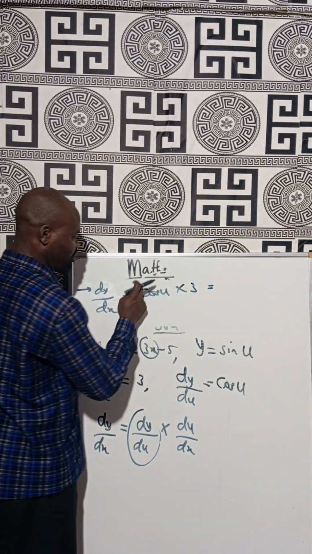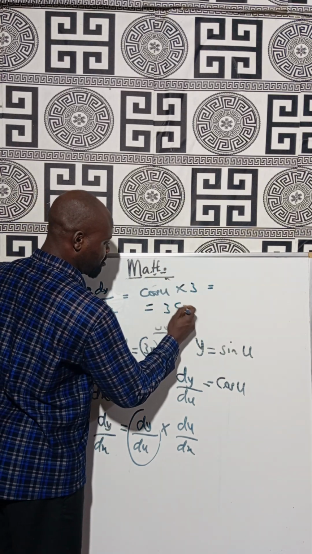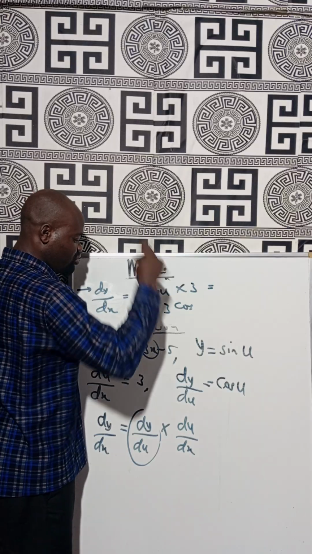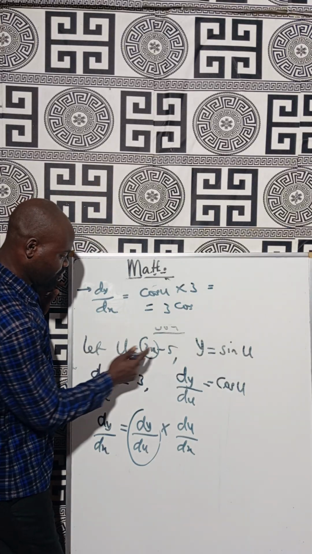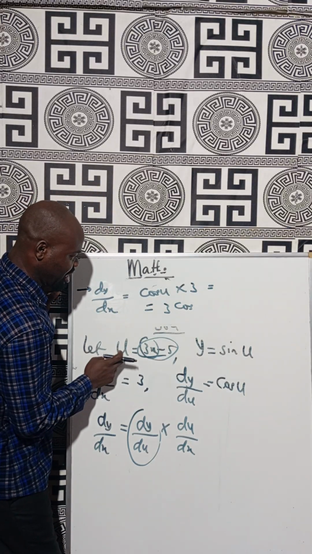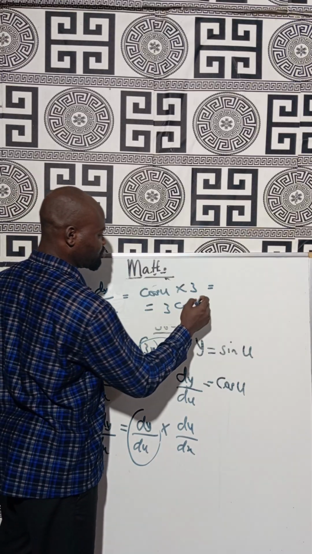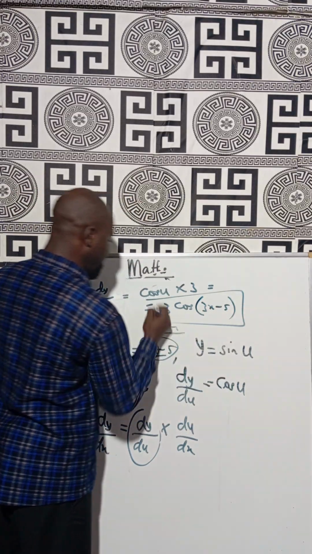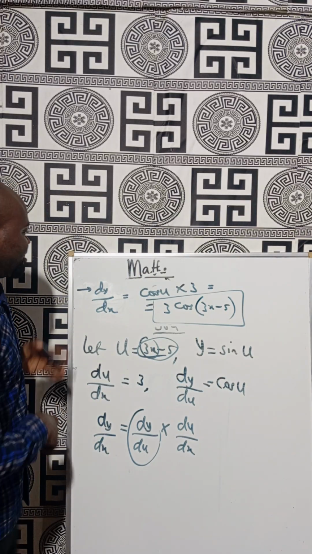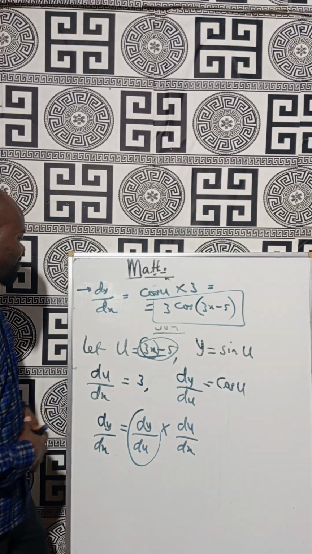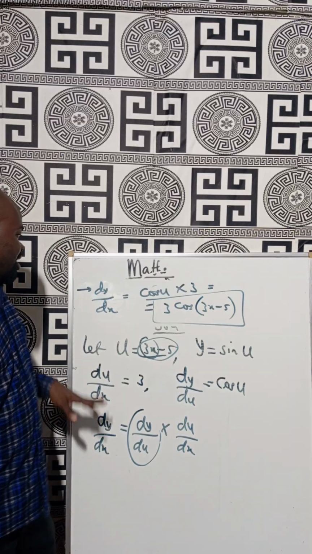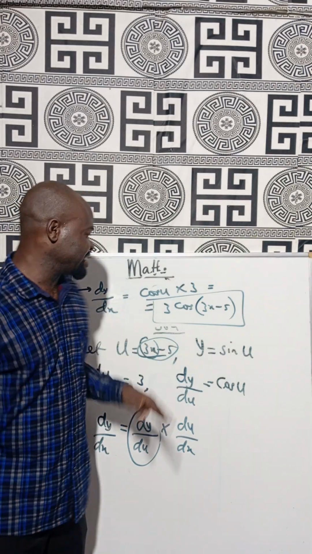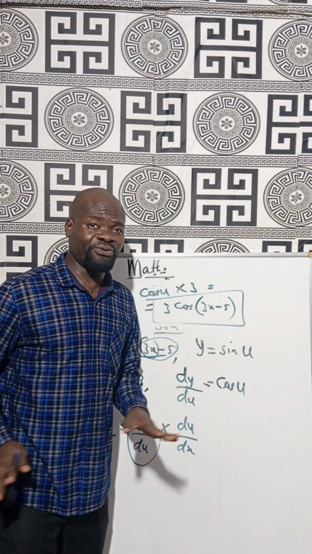So I can just put 3 in the front here. So that's 3 cos u. And my u from the beginning is what? My u is 3x minus 5. Wherever I see u, I put 3x minus 5. So that is my answer for my dy dx. That's very simple and easy.